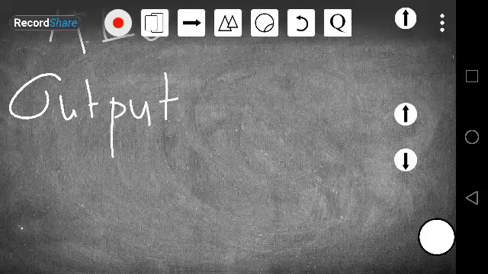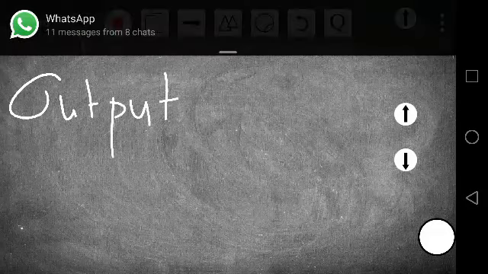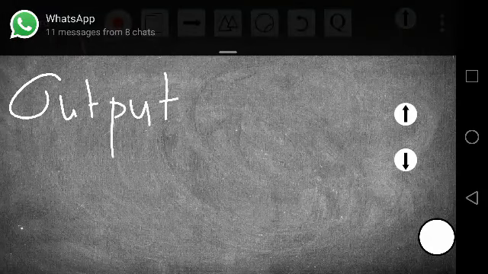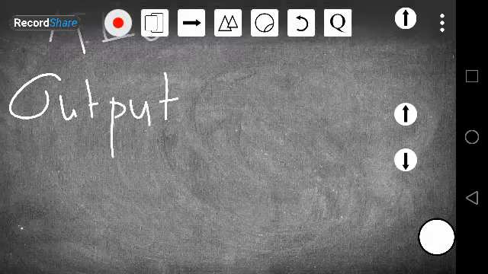Whatever has been processed is displayed through the output using things like the monitor, the printer.